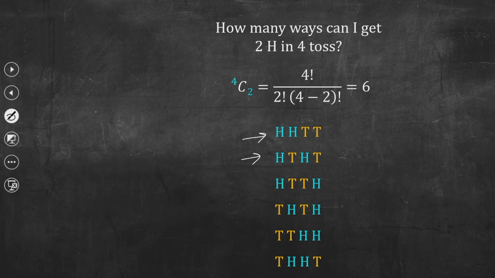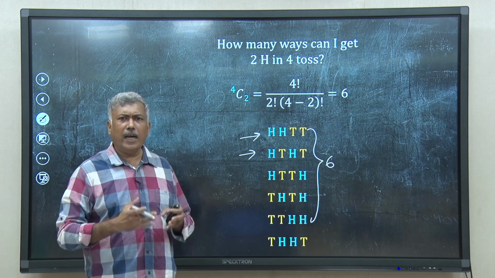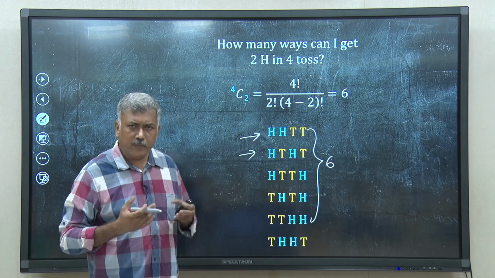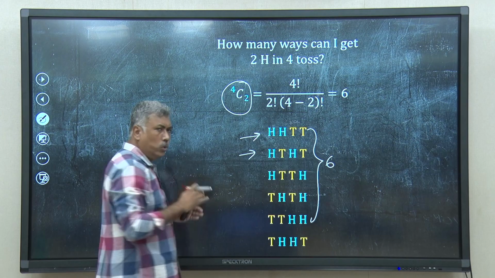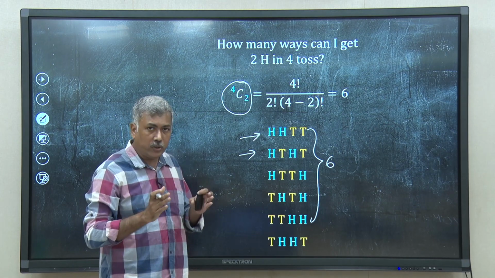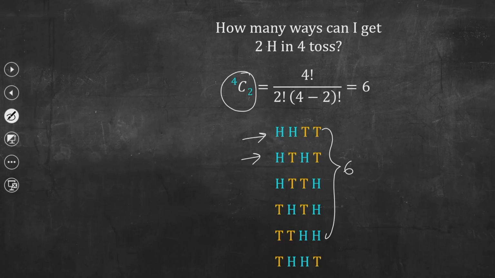So I have 6 of them here. You can explicitly write them the way I have written here, or you can use the concept of combinatorics, and from that you can say the number of ways I can get 2 heads out of 4 coin tosses would be 4 choose 2, which is equal to factorial 4 divided by factorial 2 times factorial of 4 minus 2, that is also 2.